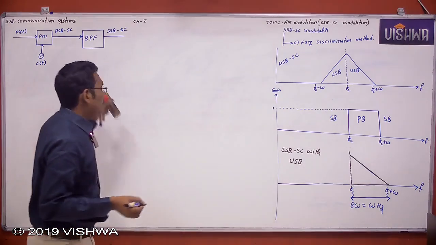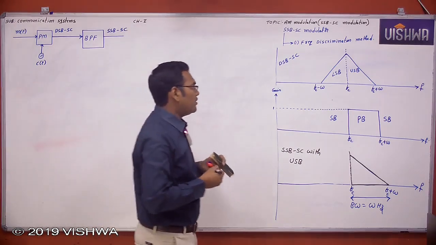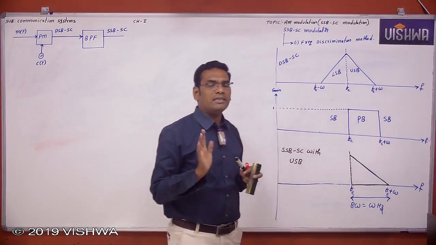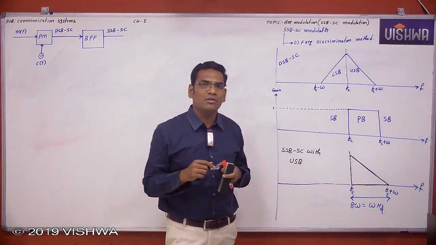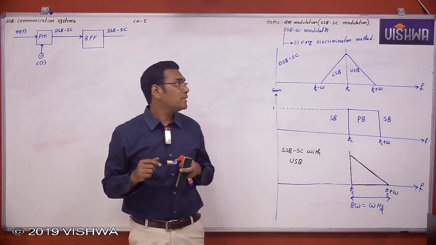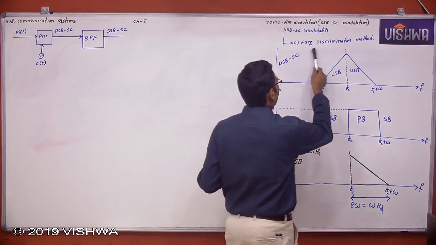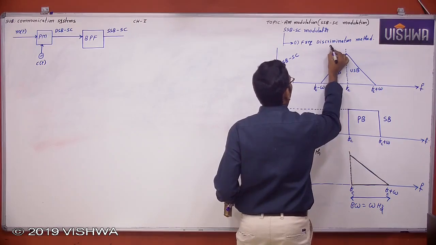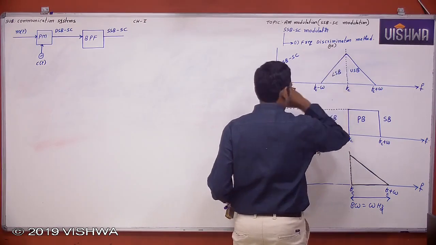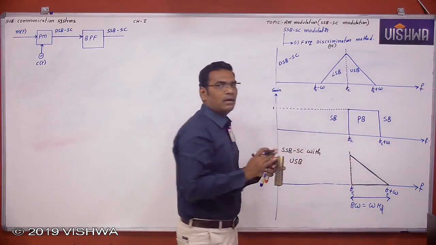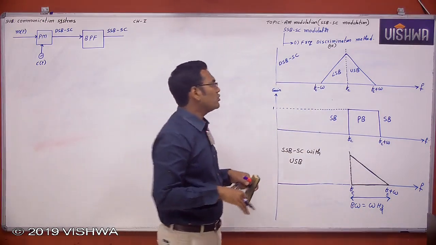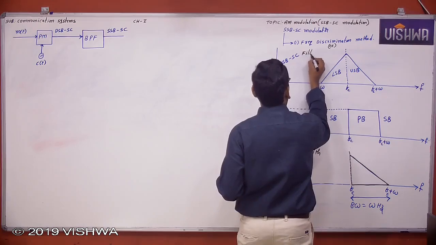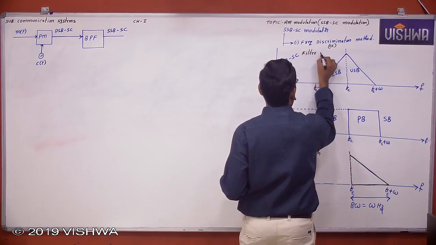Now this is the frequency discrimination method, because it is completely based on frequencies. One sideband is separated completely, based on a filter, out of the two sidebands. Therefore this method is named the frequency discrimination method, and it is also called the filter method.